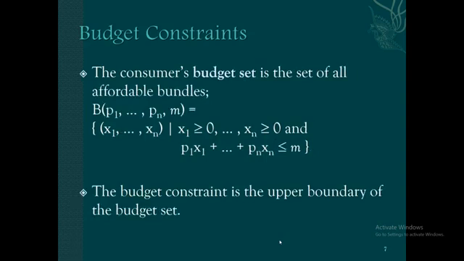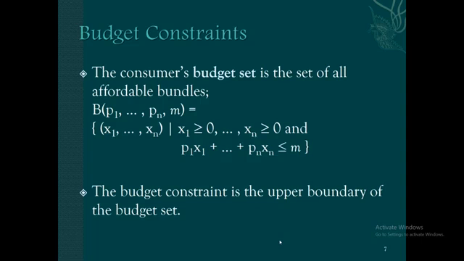Now the budget constraint is the upper boundary of the budget set. The consumer's budget set is the set of all affordable bundles, p1 x1 to pn xn.